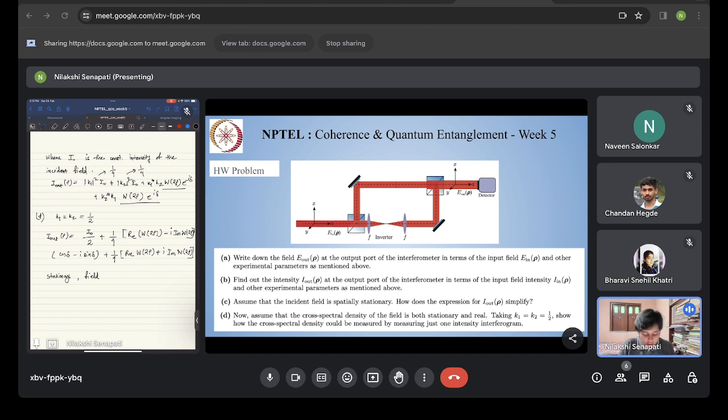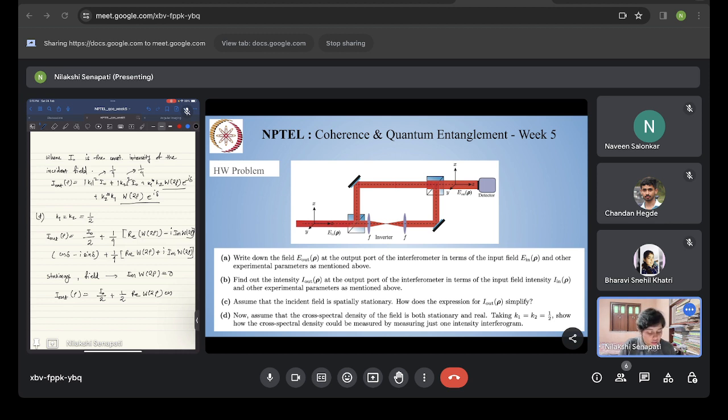So based on this, it is stationary and real, so we will have the imaginary part of W2 rho as 0. So I output rho will become I0 by 2 plus 1 by 2 real of W2 rho. I hope you have understood why the imaginary part of W2 rho becomes 0.